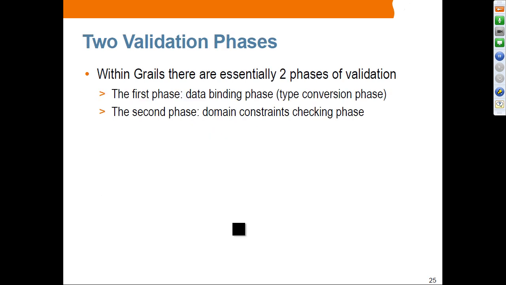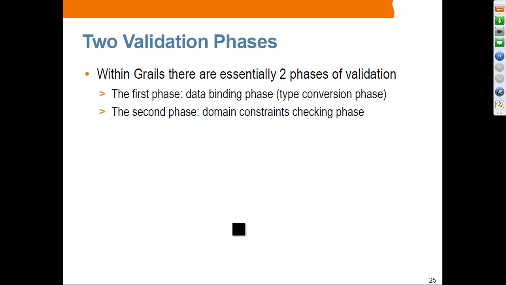You can think of validation as being done in two phases. The first phase is the data binding phase, which is basically a type conversion phase. If the user enters some values, first of all, the type conversion will happen.